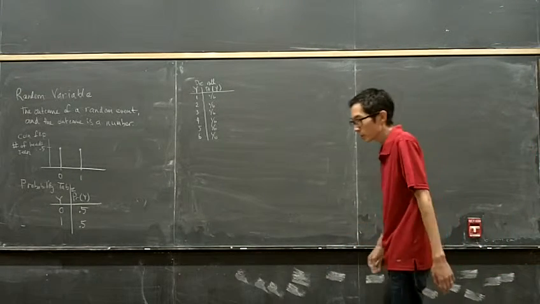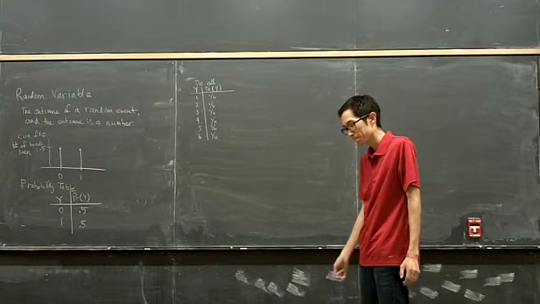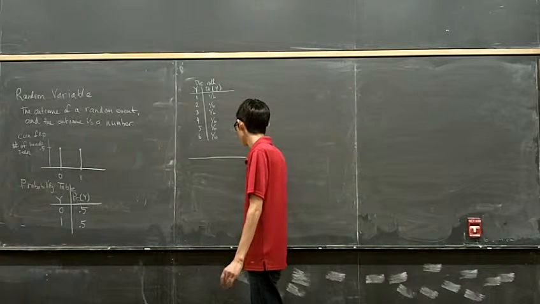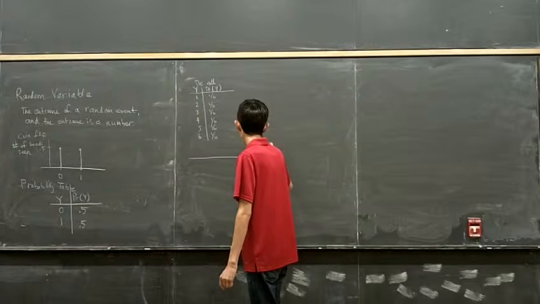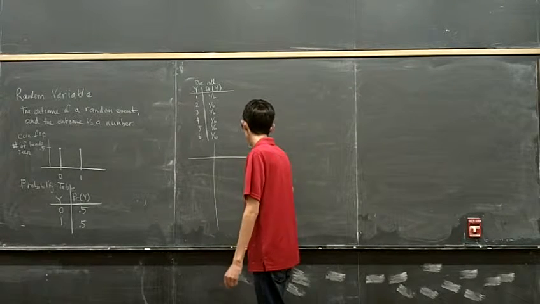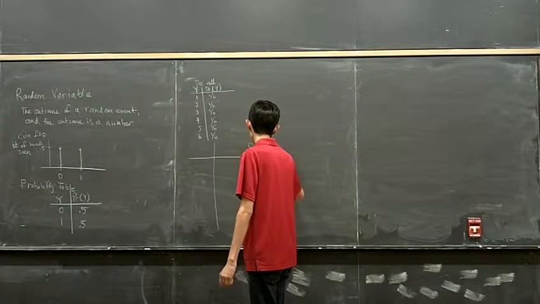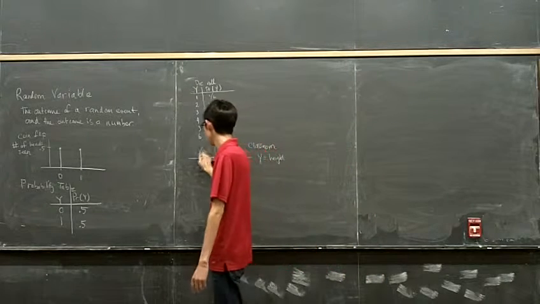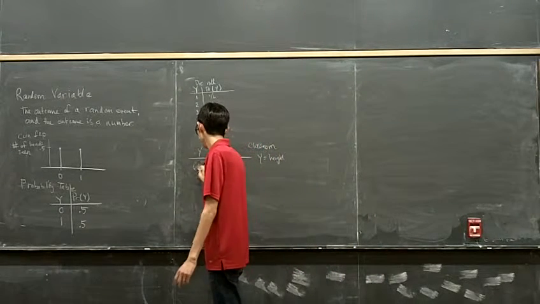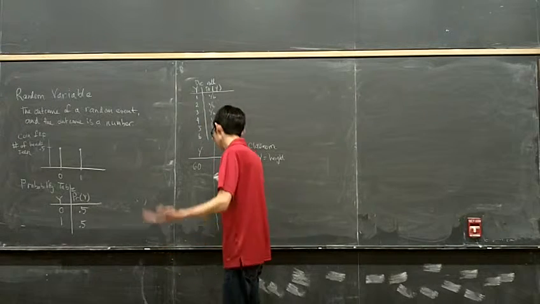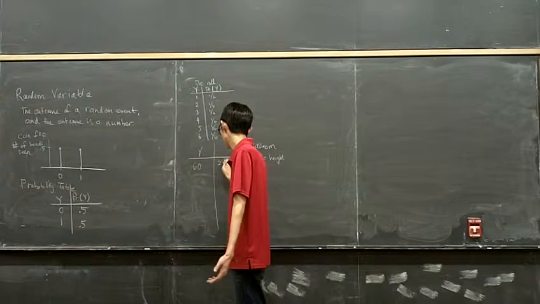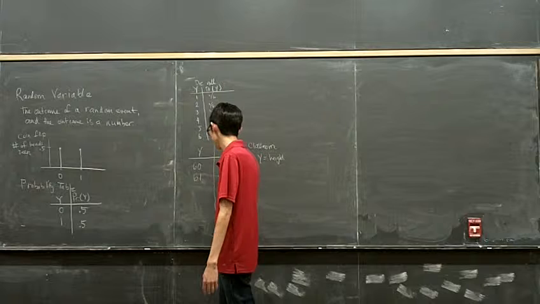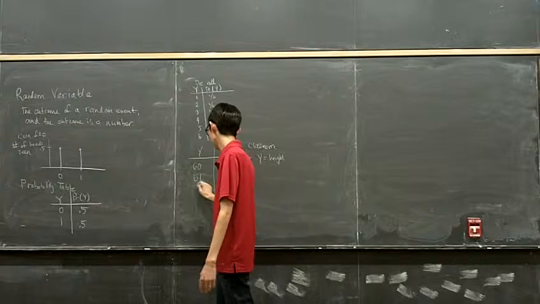Okay, so if we did the classroom example, and let's say y is equal to the height of a student. This might be a lot tougher. I'm just going to make up some numbers here. Let's say 2 out of 25 are 60 inches tall, and maybe 0 or whatever.